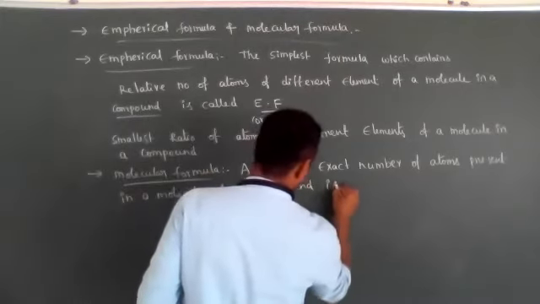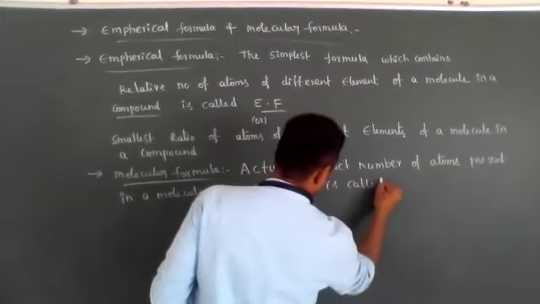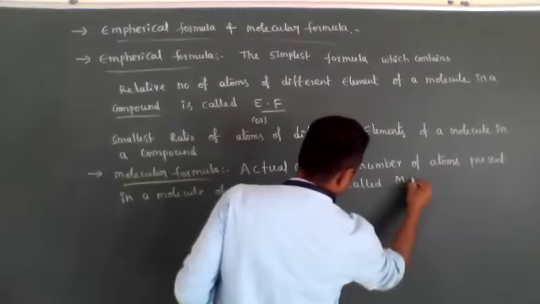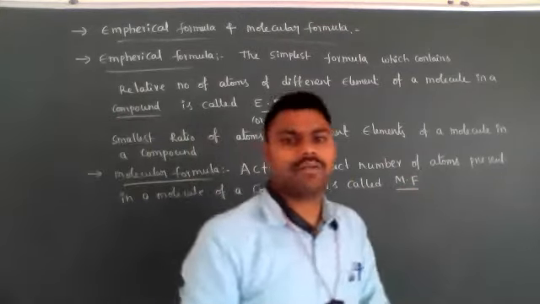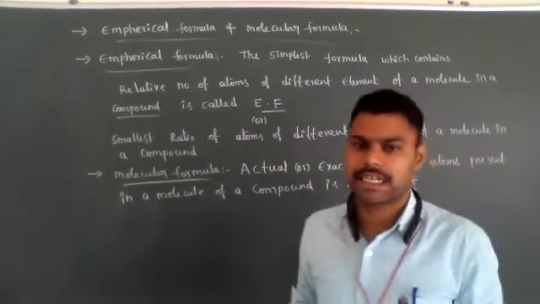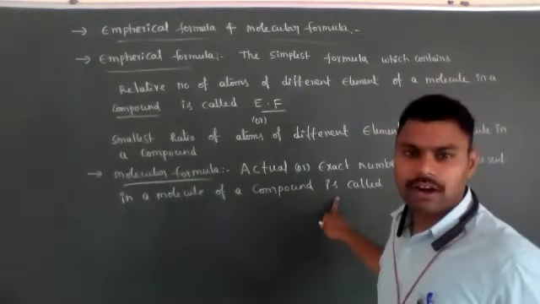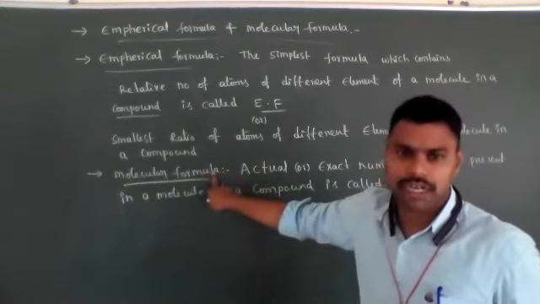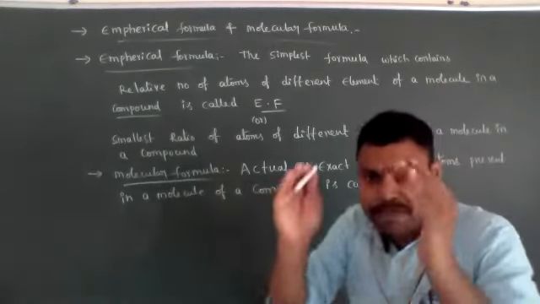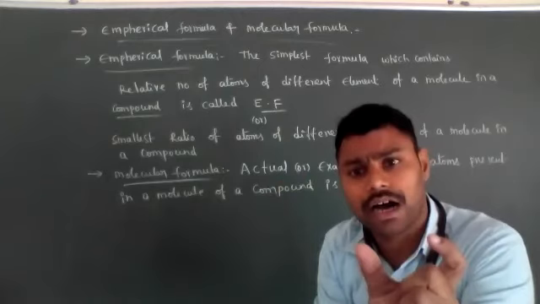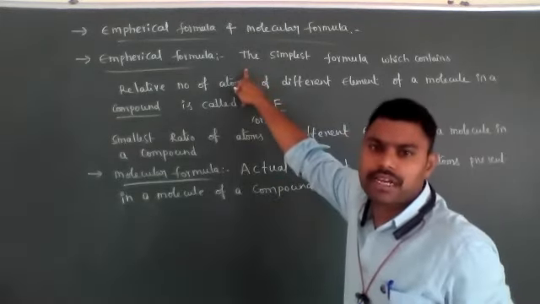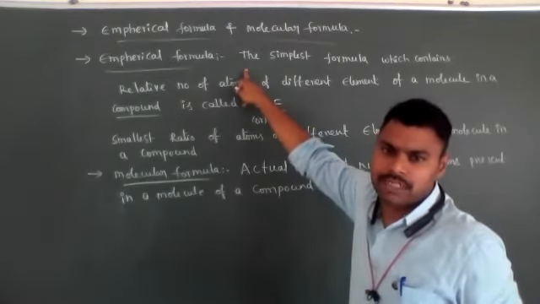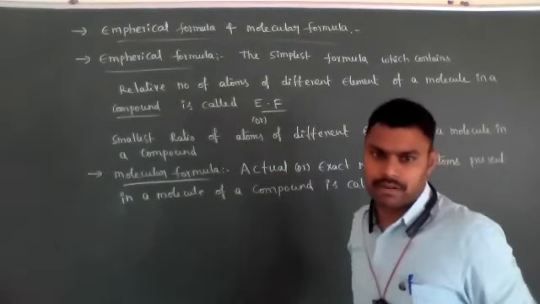It is called the molecular formula. It means the original number of atoms present in a molecule of a compound represents the molecular formula. The simplest or smallest formula is known as the empirical formula.